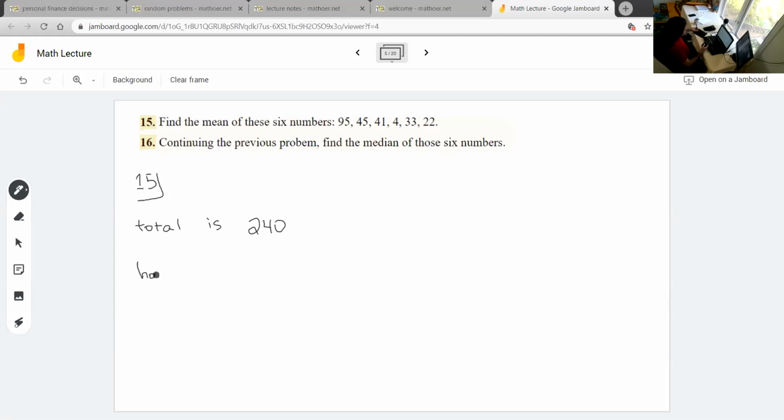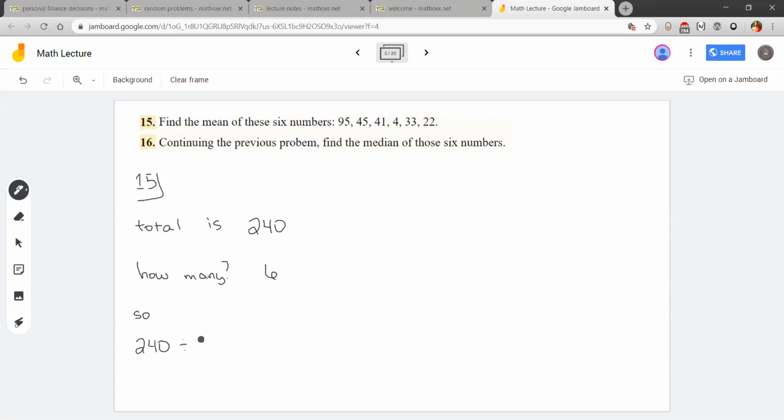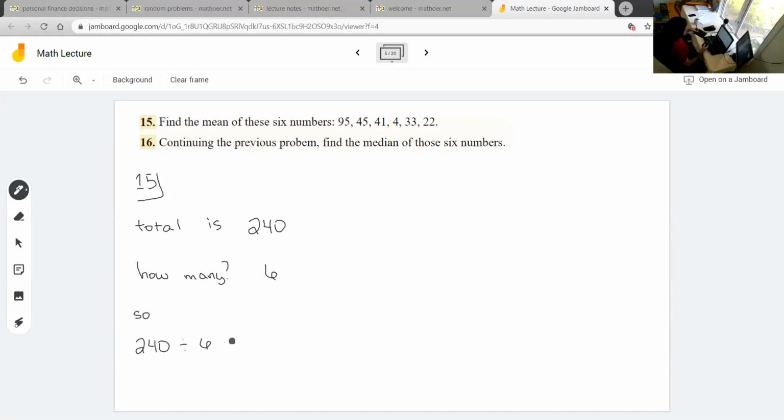How many? There were 6 of them. 40. Yeah, 6 times 4 is 24, so we get 40. There's no label. It doesn't tell me if these are pounds or dollars or people or whatever we're counting, so no label.